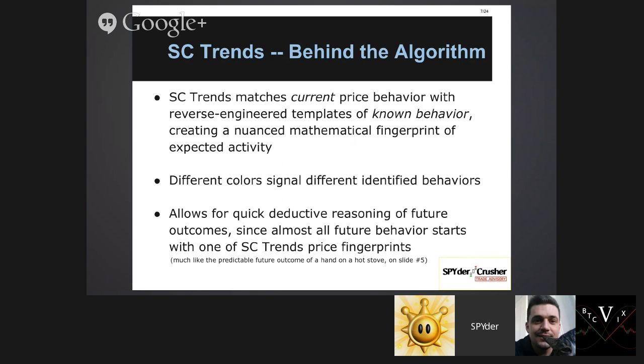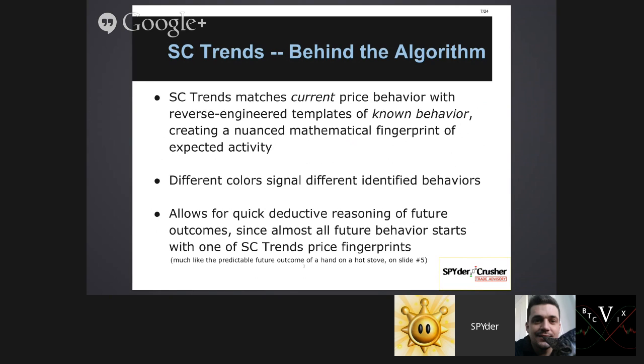The different colors that show up on the algorithm will explain what the identified behavior is. So this allows for deductive reasoning of future outcomes, since almost all future behaviors start with one of the SC price fingerprints, much like the outcome of the hand on the hot stove.